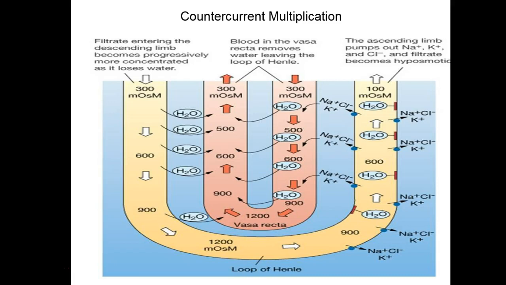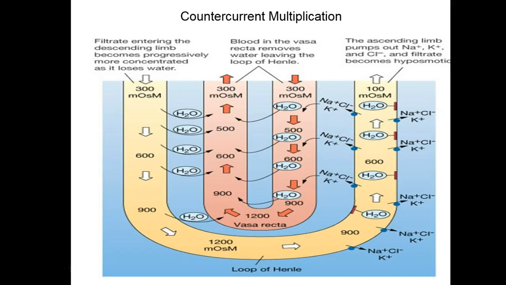That increased concentration is going to allow solutes to move out just based on a concentration gradient. As it moves on up, because water is needed, solutes are going to move out, so that actually is going to keep the ascending limb from being permeable to water.